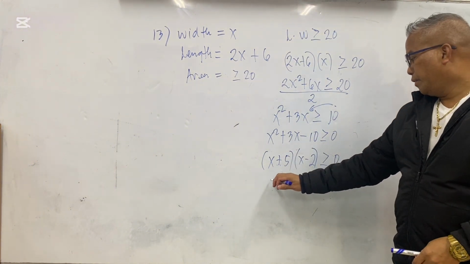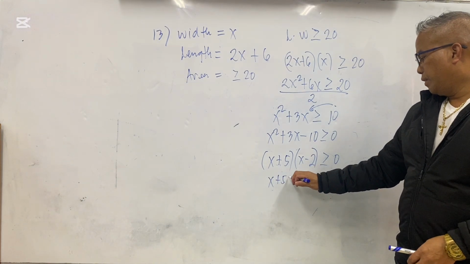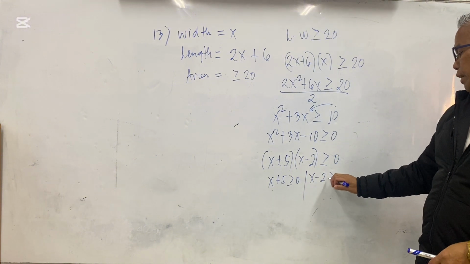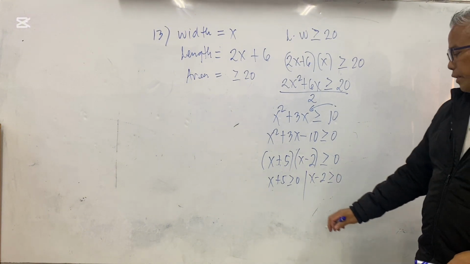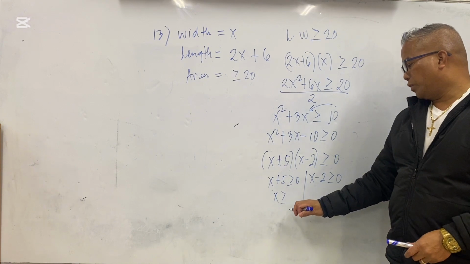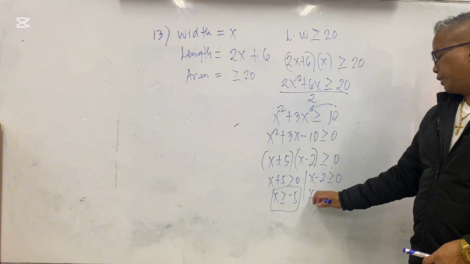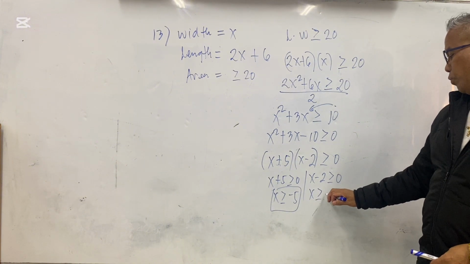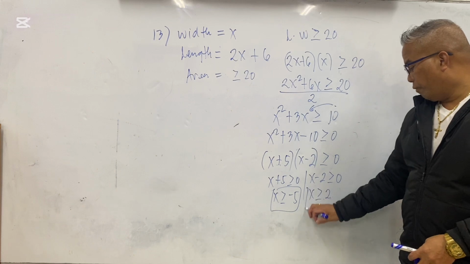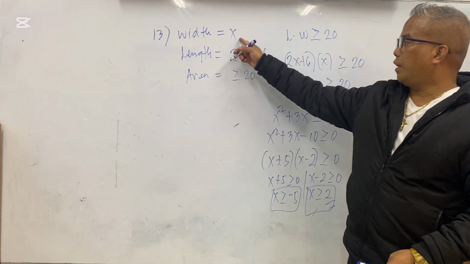And then we have now x plus 5 greater than or equal to 0. Another one, x minus 2 greater than or equal to 0. And then x greater than or equal to negative 5. And then x is greater than or equal to positive 2. So we will use 2 here, the positive, then substitute it here.